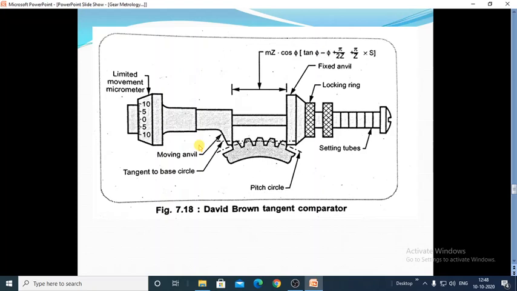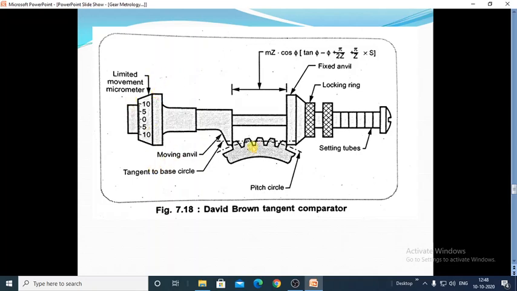This method is popular as compared to tooth calipers because it uses only one micrometer scale. In the caliper case we were using two vernier scales, but here only one micrometer scale is there, and it has a better contact condition between the measuring device and the gear.